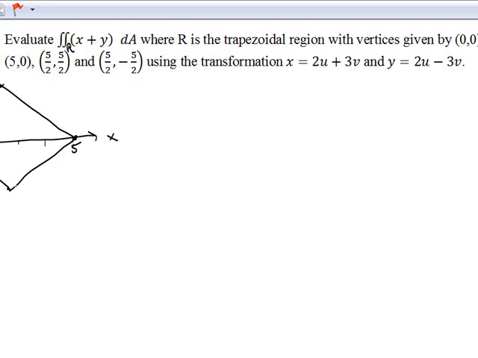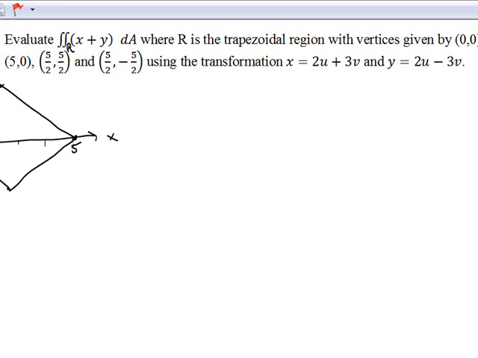Now, you need to find the equations of the lines. This is just simple algebra. Find the slope and write the equation of the lines. So this is from 0, 0 to 5 halves, 5 halves. The slope is 5 halves over 5 halves, 1.